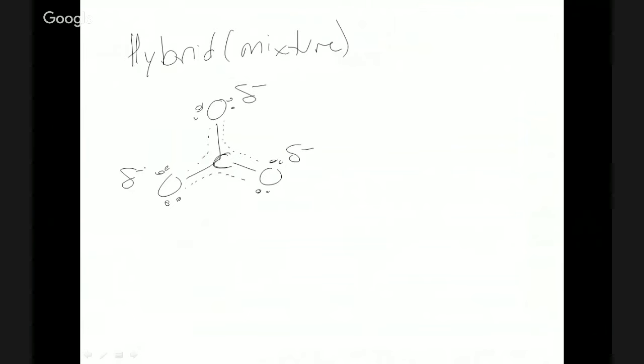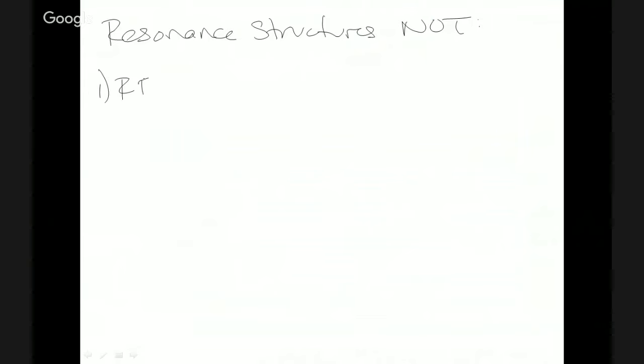Okay. So let's go over some rules, or rather, let's make a list of what resonance structures are not. Let's start with that. Resonance structures are not the following. They're not real. Only the hybrid exists.